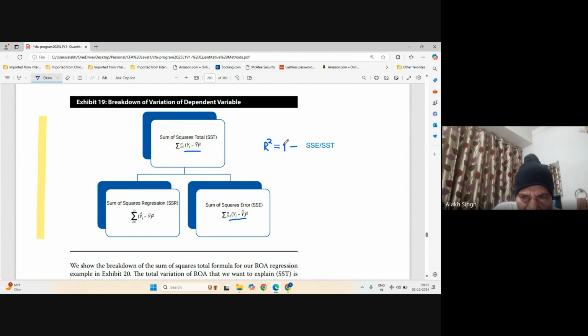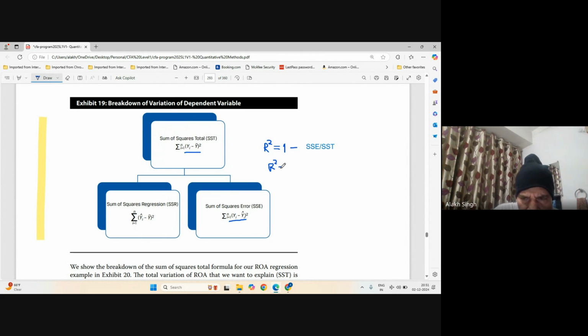Then R square will be SSR by SST. So R square is equal to SSR divided by SST.